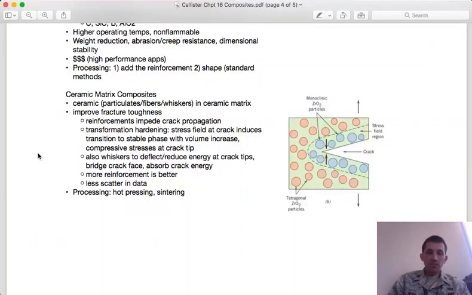One of the ways it does that is through a process called transformation hardening, where the reinforcing particles have two phases, right?